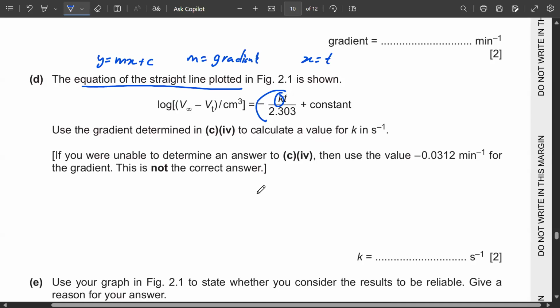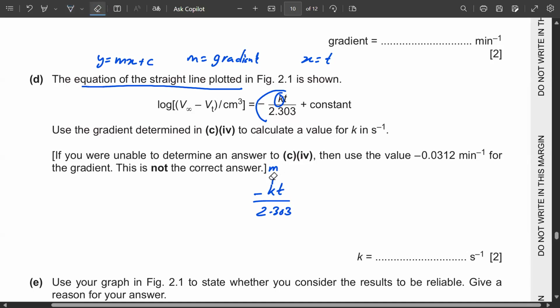So minus kt over 2.303, and now we'll equate this to the m gradient value.